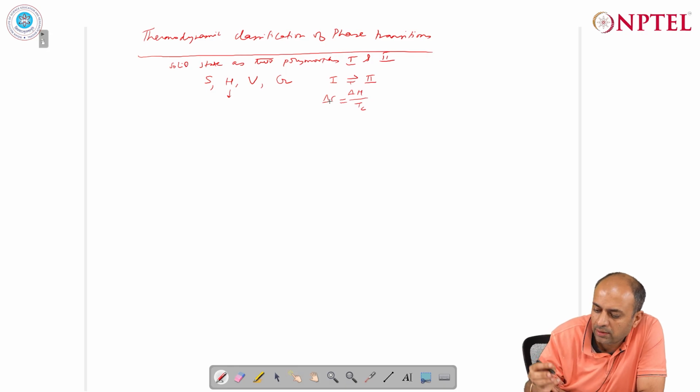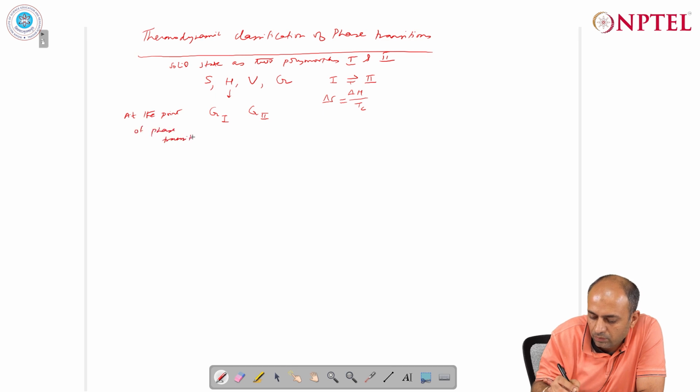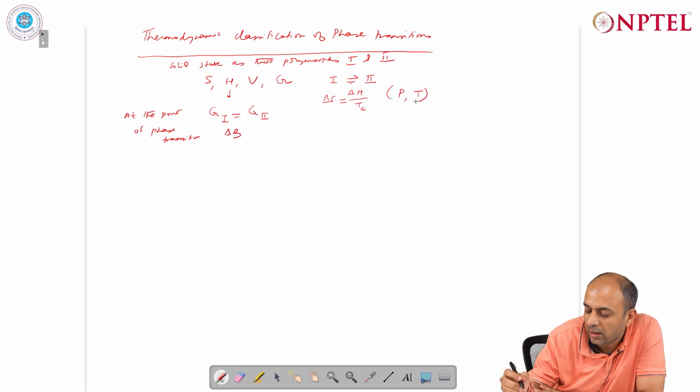We also know that every polymorph is associated with a Gibbs free energy, represented as G1 and G2. At equilibrium, that is at the point of phase transition, G1 is equal to G2, that is the free energy isobars, assuming that we are working at a particular temperature and pressure.